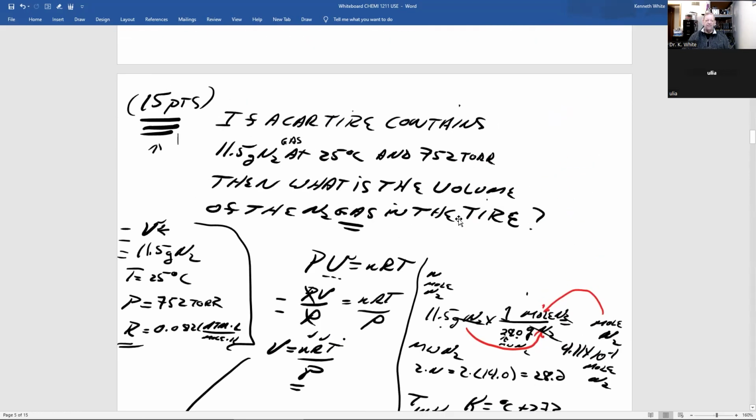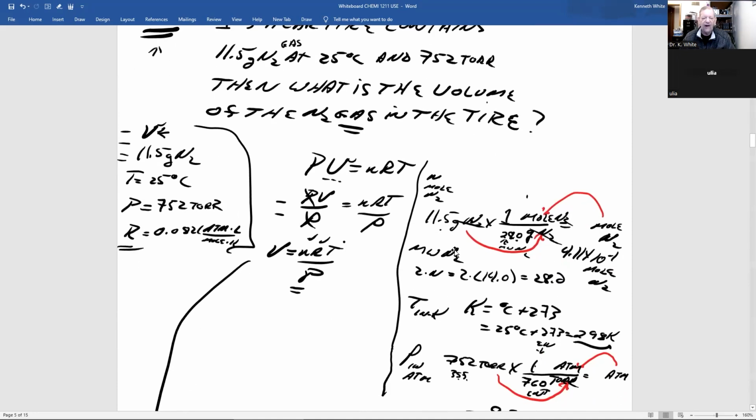So remember, PV equal nRT. When you have a gas problem, hit 15 points. And nothing is changing. The volume, the weight, the temperature, the pressure, and the universal gas law constant better not change. You know you have to use PV equal nRT.